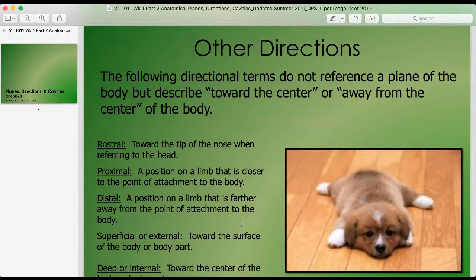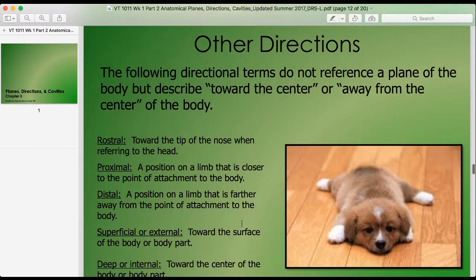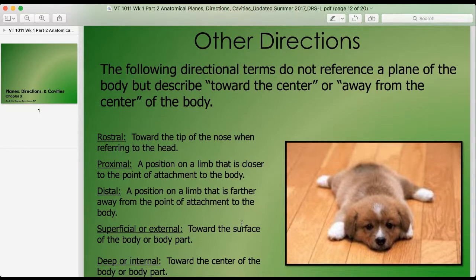So we have some other terms that we need to understand when we are talking about our animals. The following directional terms do not reference a plane, but they describe toward the center or away from the center of the body. So rostral, R-O-S-T-R-A-L, rostral, toward the tip of the nose, if it's referring to the head.